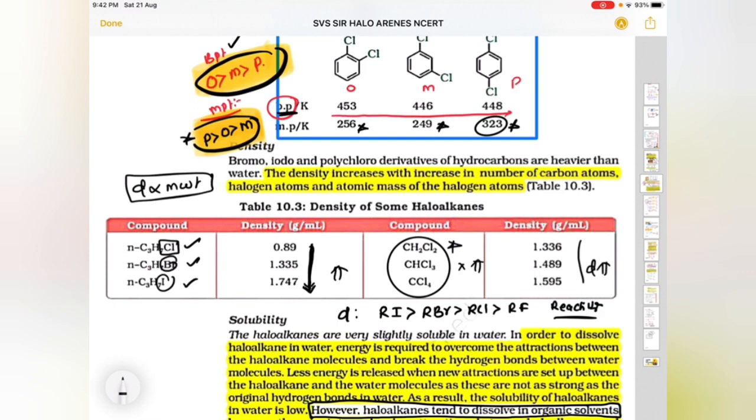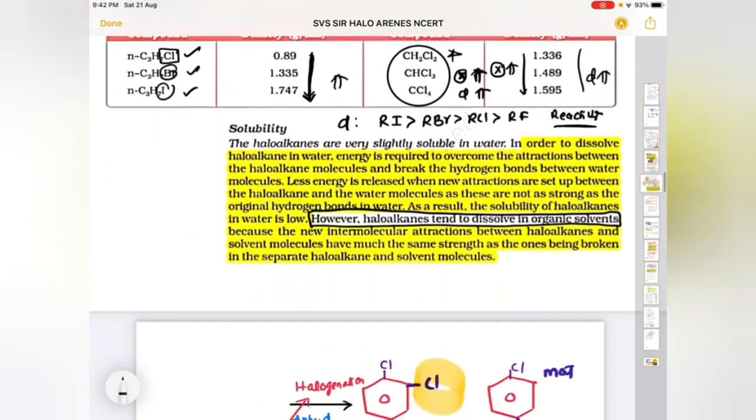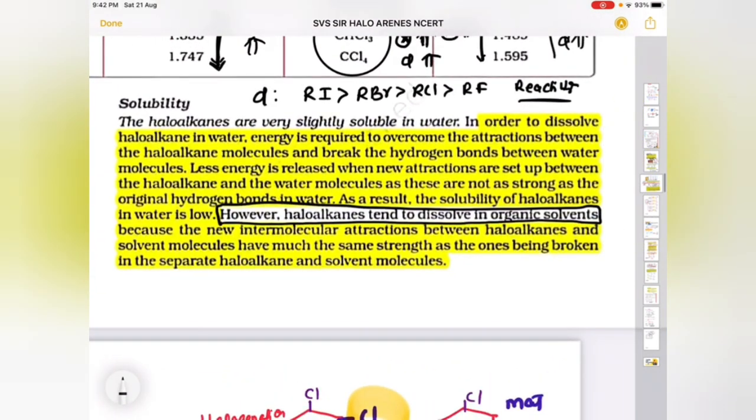And one more important point, as the number of halogens increases, density also increases. You check. Number of halogens increased, X increased, density also increased. These 2 points you have to remember. Solubility: generally haloalkanes are slightly soluble in water. Generally they are soluble in organic solvents.